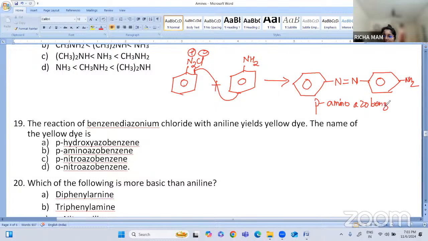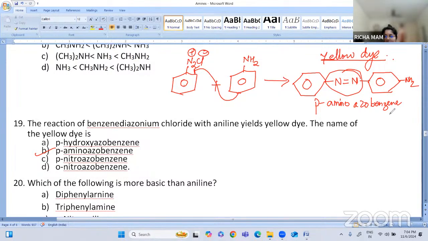When an N double bond N group is there, it is called an azo group. So option number B. The reaction of benzene diazonium chloride with aniline yields a yellow dye, called para-amino azobenzene. Got it?